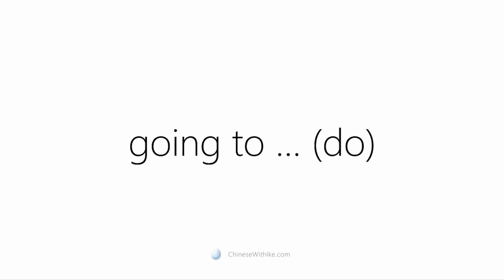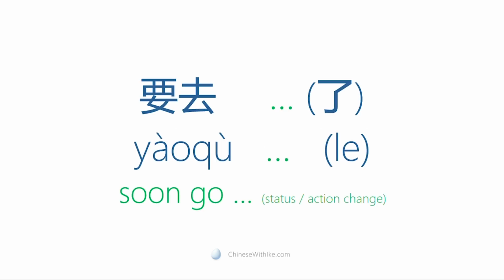To say going to in Chinese is 要去了. I mentioned before, here 要 means soon and 了 means action change. So when you ask for an answer in the future tense with time, you need to remove 要 and 了, because you don't know if it's soon or not, and you don't know if the action is going to change or not.